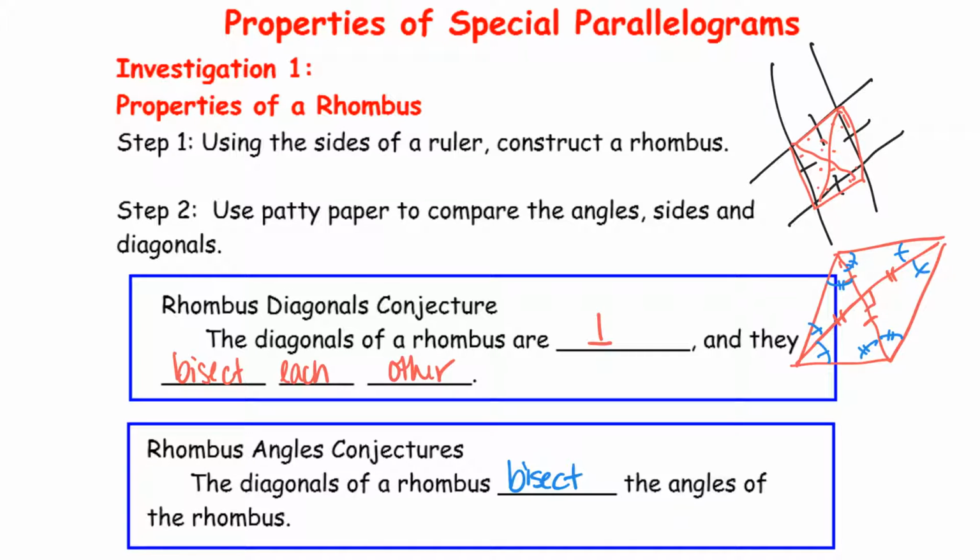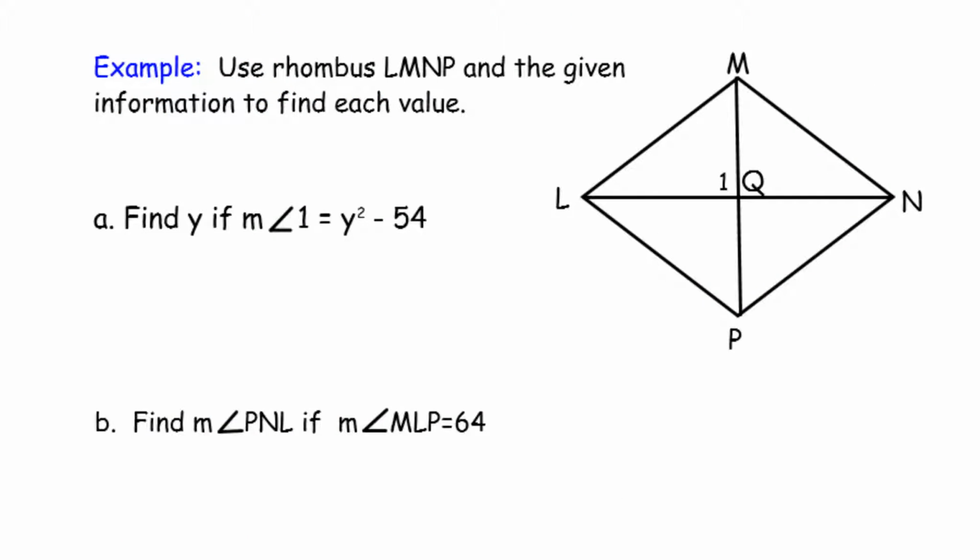If we take those ideas, we're going to look at this problem here. It says use rhombus LMNP and the given information to find each value. I want to find y if the measure of angle 1 is y squared minus 54. Because it's a rhombus, we should know that we have right angles.